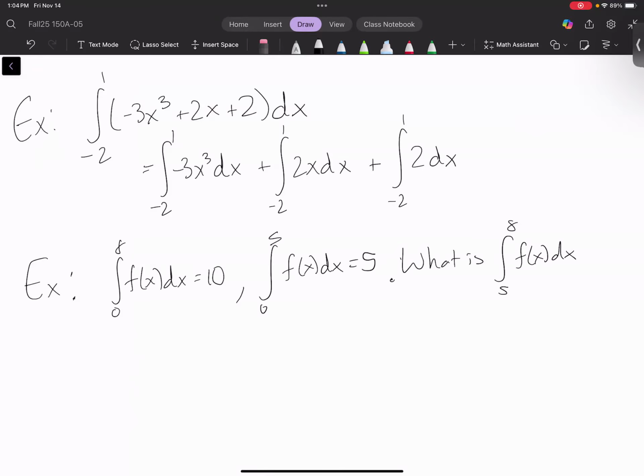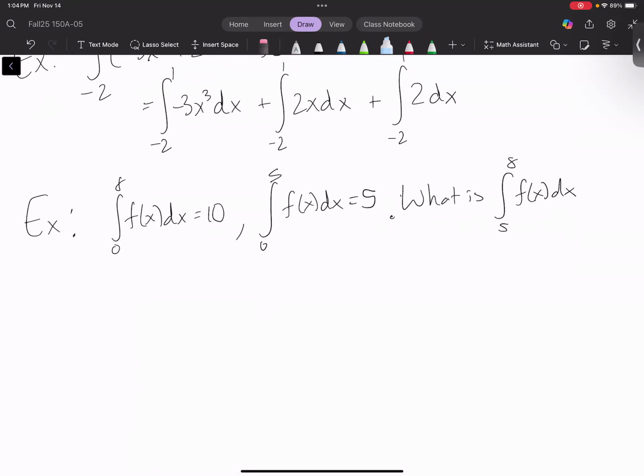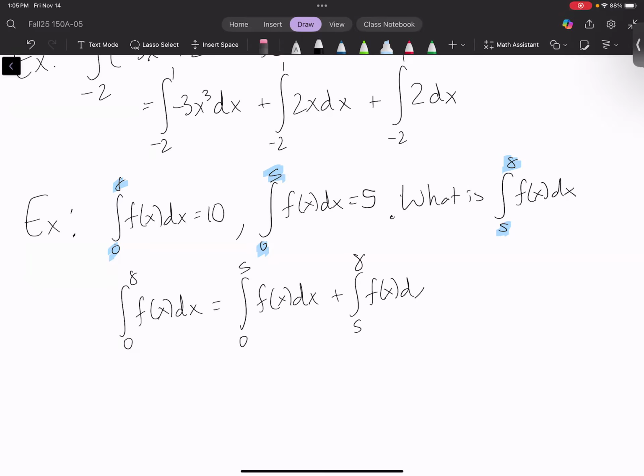So we're going to use another one of our properties. What I want you to notice here is these bounds are not a coincidence. Specifically, the integral from 0 to 8 of f of x dx, remember we can split it in the middle wherever we want. So let's split it at 5. So the integral from 0 to 5 of f of x dx plus the integral from 5 to 8 of f of x dx.